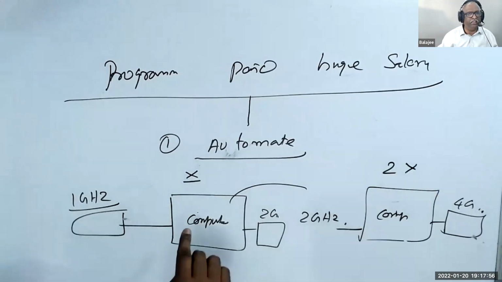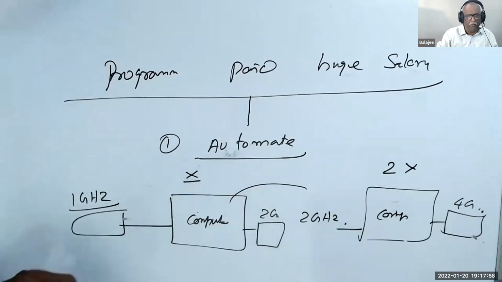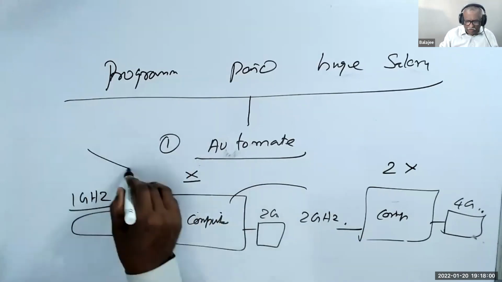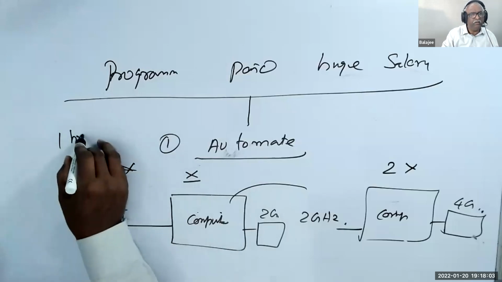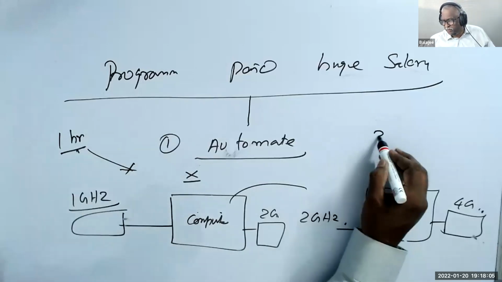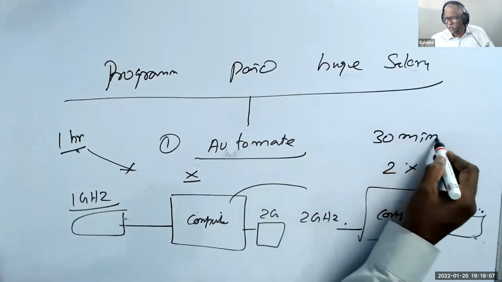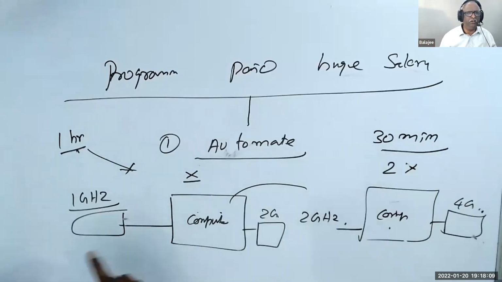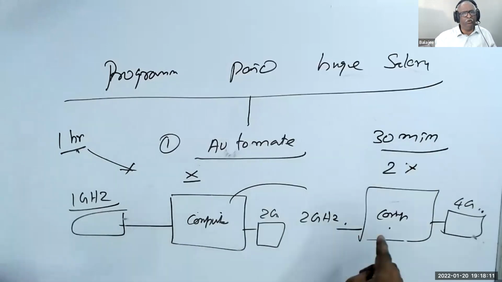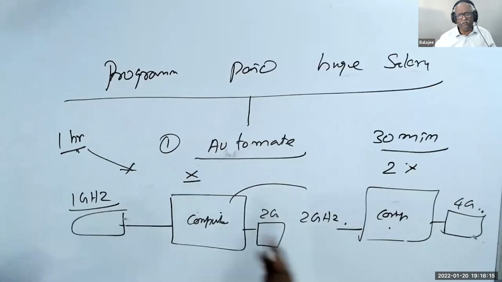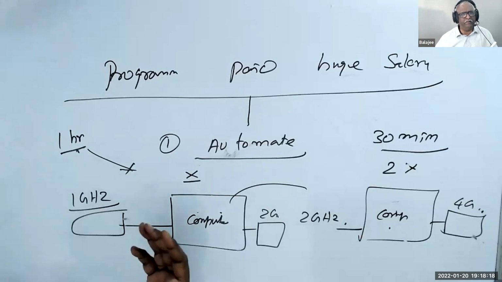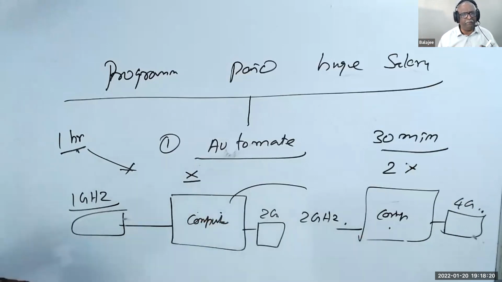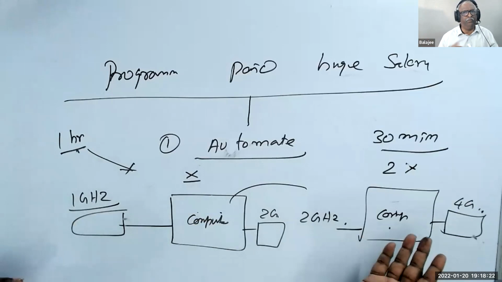Now, understand one thing. If you give a problem, this computer solves the problem in 1 hour. This computer solves the problem in 30 minutes. Understand? But I have to buy the computer, which is very expensive. Okay, understood, then give it to all the employees. Let's say I have 1,000 employees in my company. All the 1,000 people I have to give this computer.